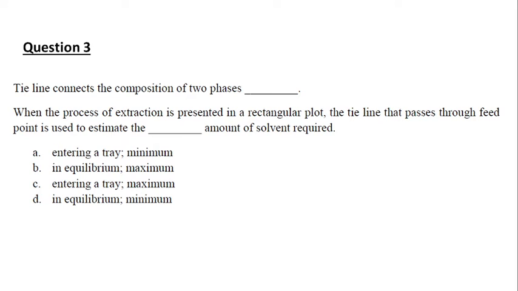Options are: option A, entering a tray and minimum solvent required. Option B, in equilibrium, maximum solvent required. Option C, entering a tray, maximum solvent required. Option D, in equilibrium, minimum solvent required.